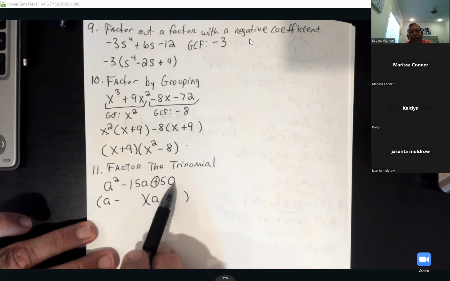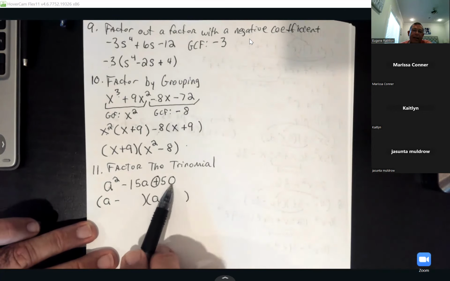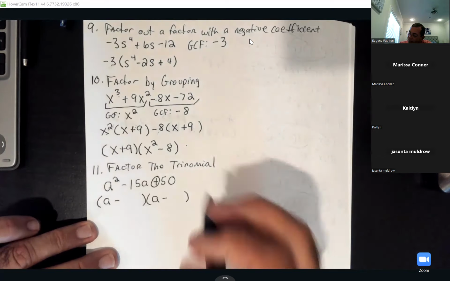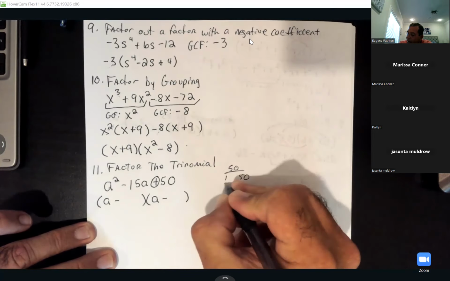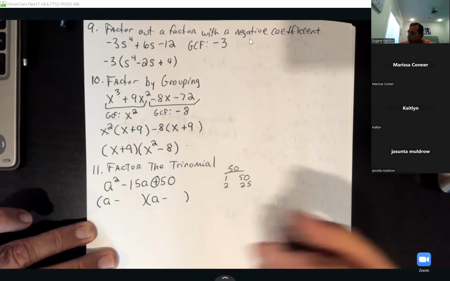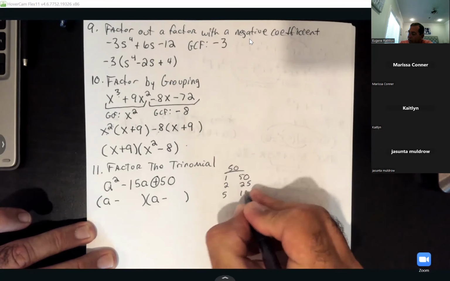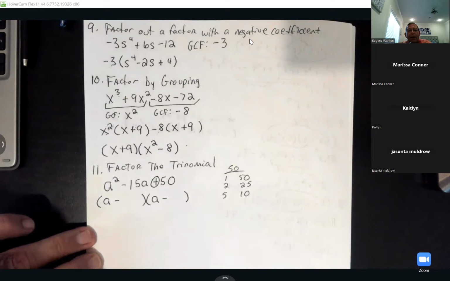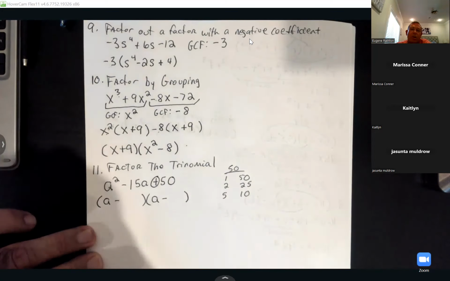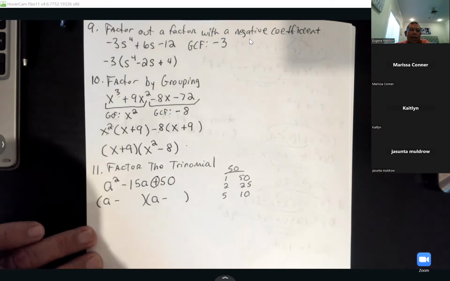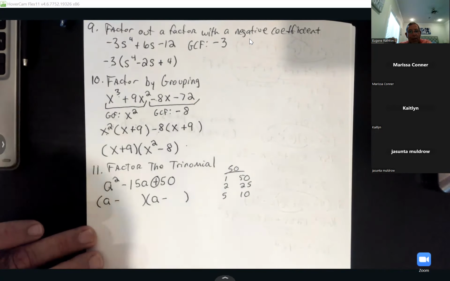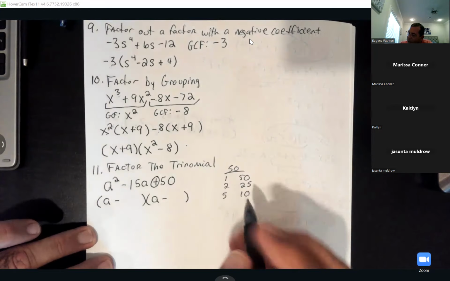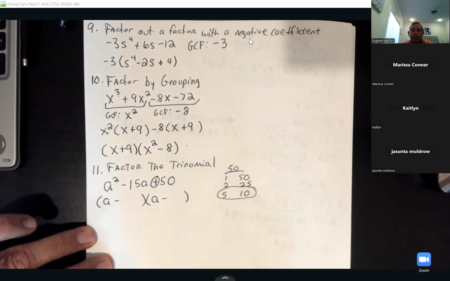So y'all, what I need now are factors of 50 that add to get me 15. So you can break down your numbers. So I think that's the only three ways to get it. But remember, if you don't know your factors, go to your calculator and do y equals, do 50 divided by x, and then look at that table, okay? But y'all, the ones that add to 15 for me are 10 and 5.